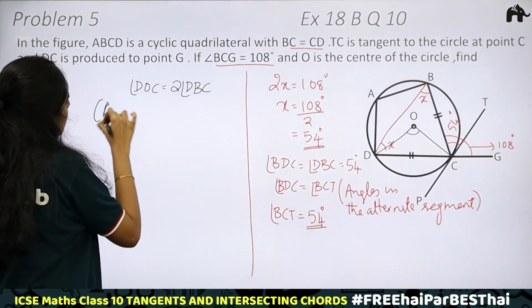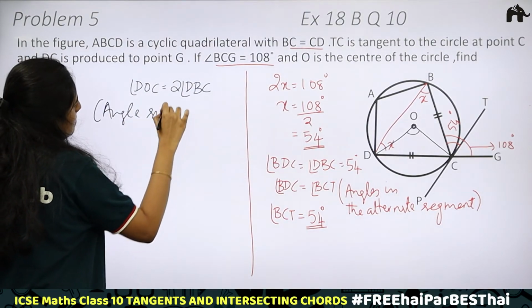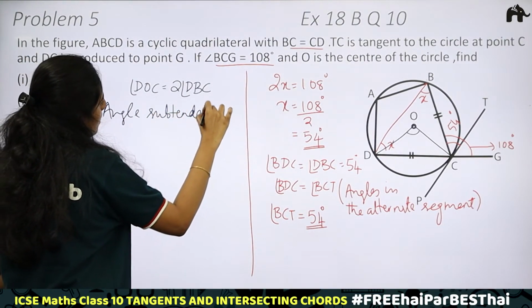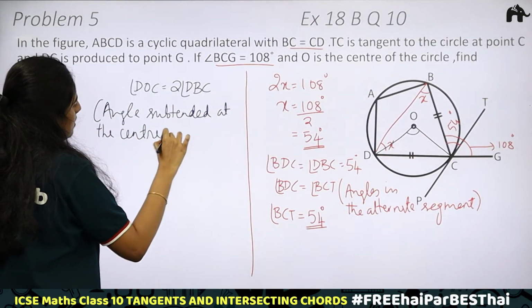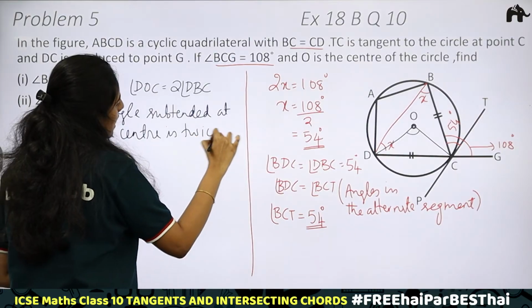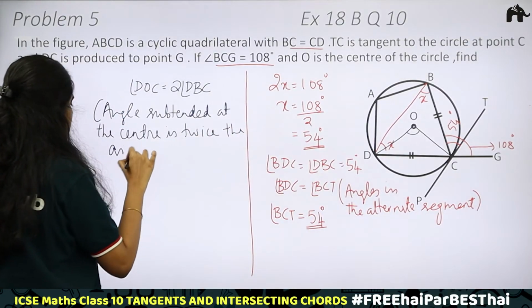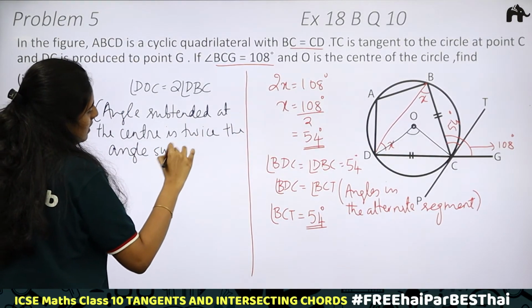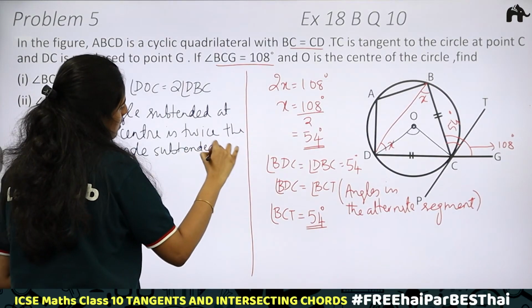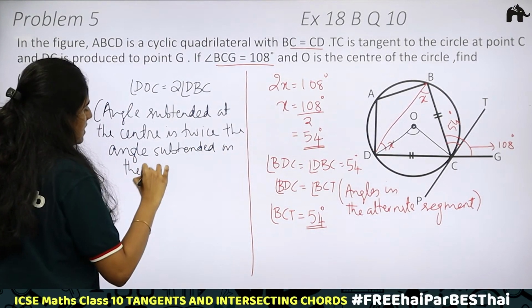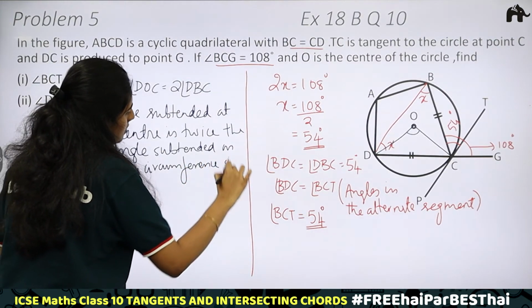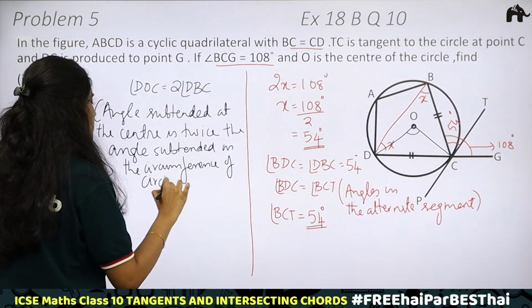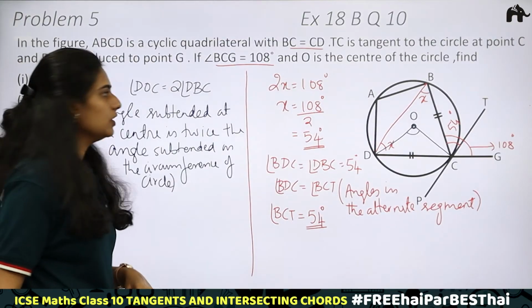Angle subtended at the center is twice the angle subtended on the circumference of the circle.